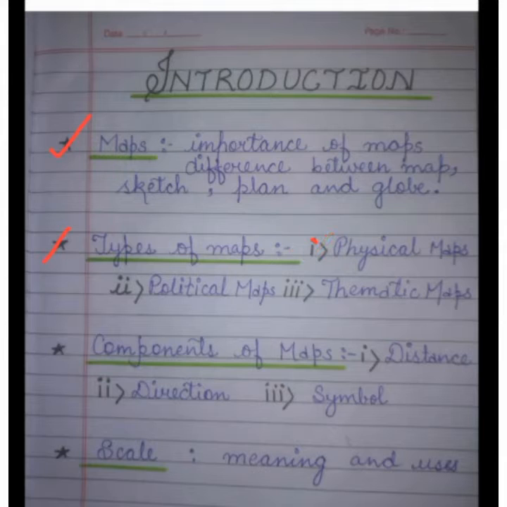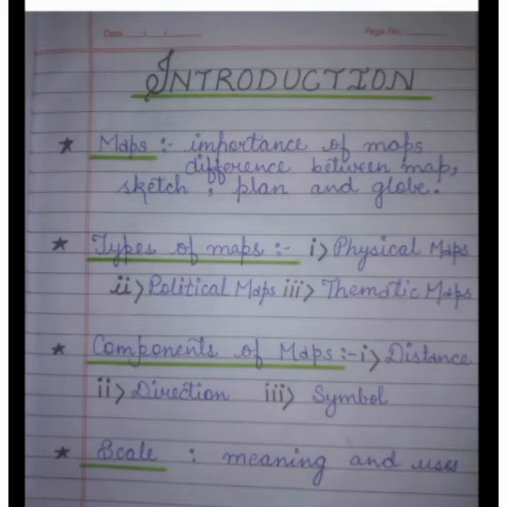Then coming to the components of map, we will study about distance, directions and symbols. We will relate it with the maps. Then coming to scale, its meaning and uses in the map.